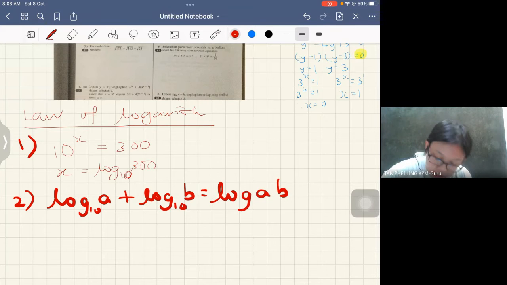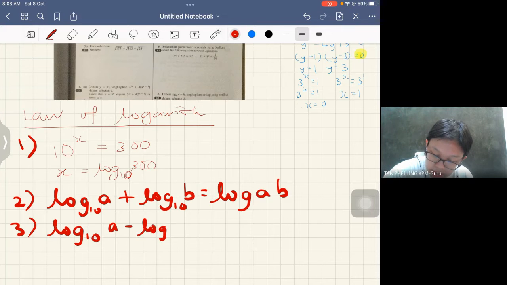And number 3, when you have log base 10 of A minus log base 10 of B, what do you get? Log minus log, you get log A over B.